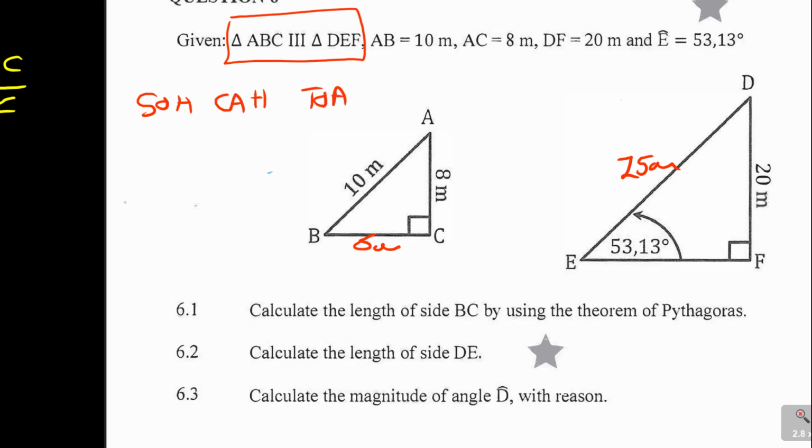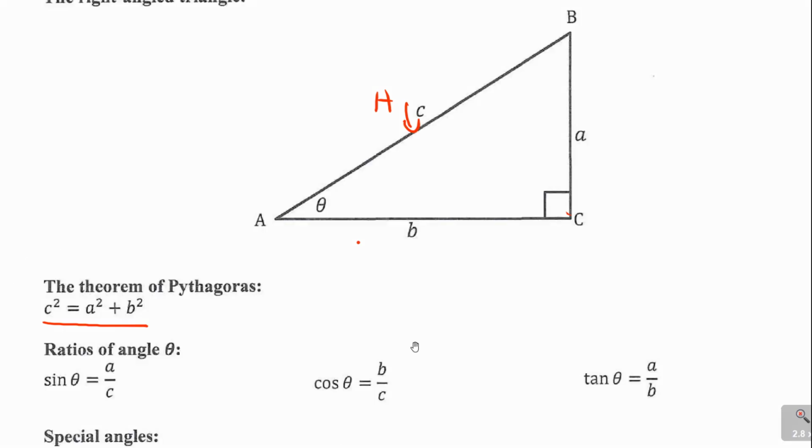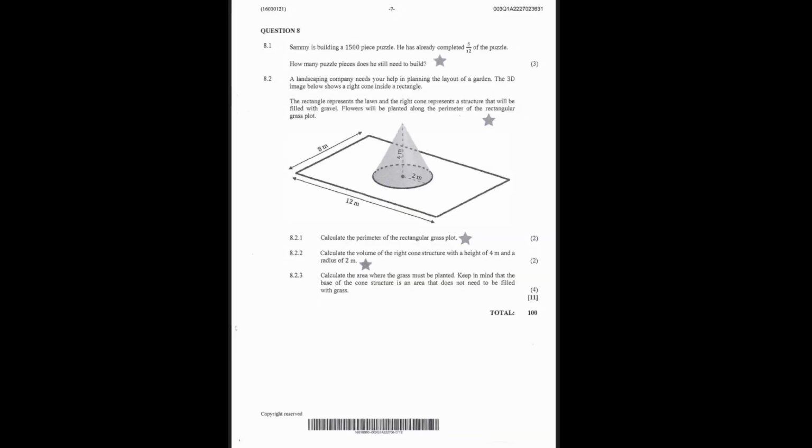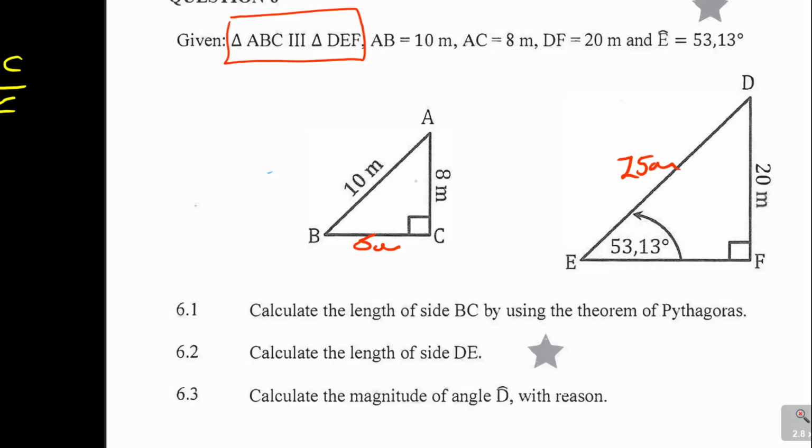You can use this, ratios of angle theta. I can use exactly that, but I need to identify my sides. I need to ask myself, what am I given? Remember, DE is my hypotenuse, H.